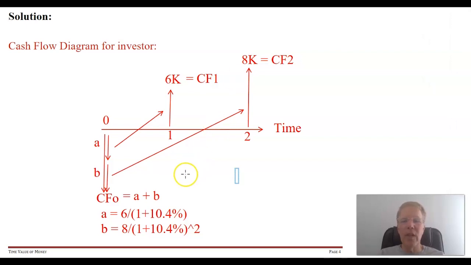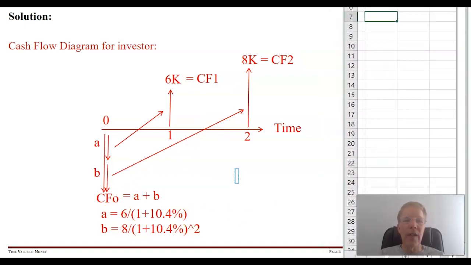Okay, so let's use Excel to perform these calculations and see what we've got here. So for A, we have 5.44, and for B, we have our 8,000 divided by 1 plus 10.4%, and that needs to be raised to the 2, and then we add those up to get CF0, and we get 11.99853.